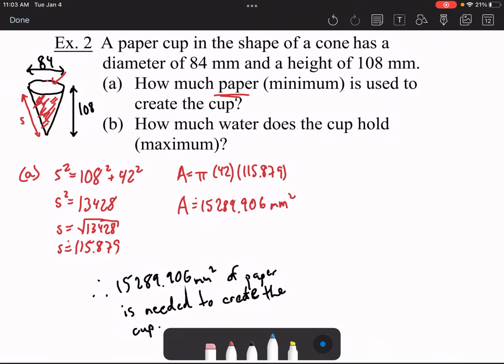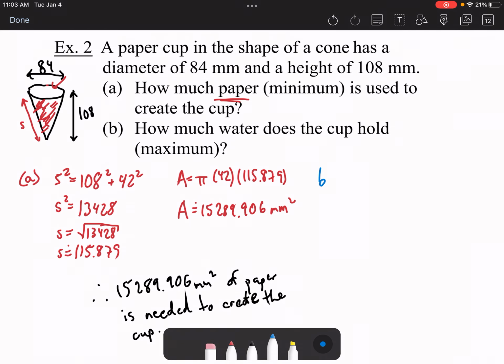Volume is usually easier to calculate. Part B is asking how much water the cup holds, so that's looking at volume. The volume of a cone is given by pi r squared h divided by 3. Radius, again, is 42.